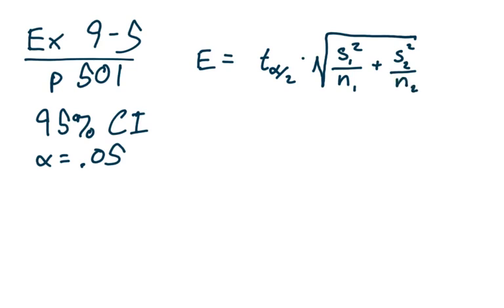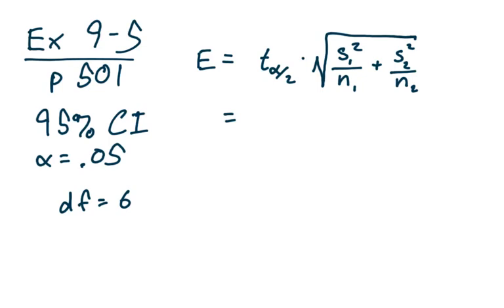That's what we're going to be calculating. All right, let's go ahead and plug those values in. So for the critical t value, we're using 6 degrees of freedom, because that is the minimum of n subscript 1 minus 1 and n subscript 2 minus 1.